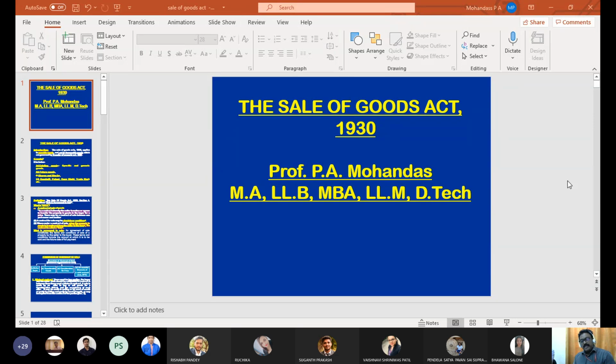As an MBA student, you only have to know the different law which governs the rights and interests of people when they buy or sell movable property. When I say movable property, it can be the car, the scooter, the motorcycle, the mobile phone, the AC, the crops, agriculture crops, finished manufactured goods, future goods.